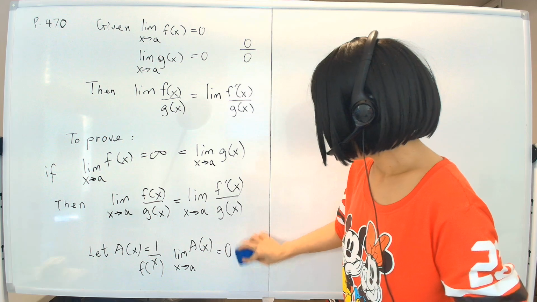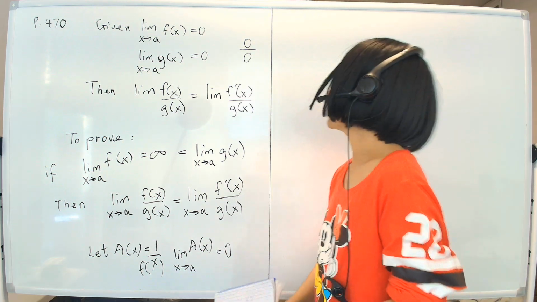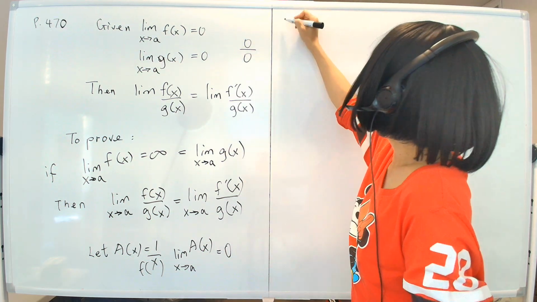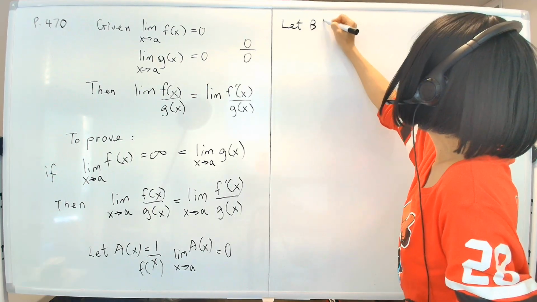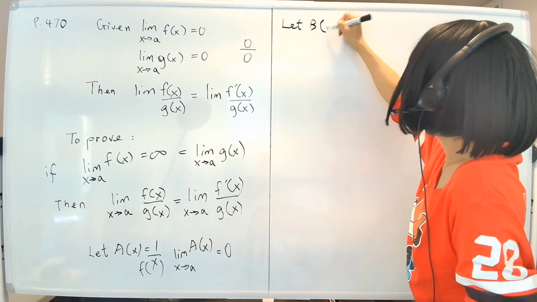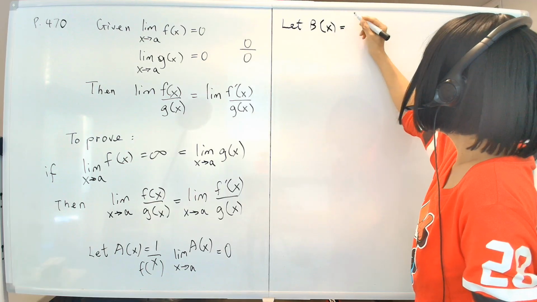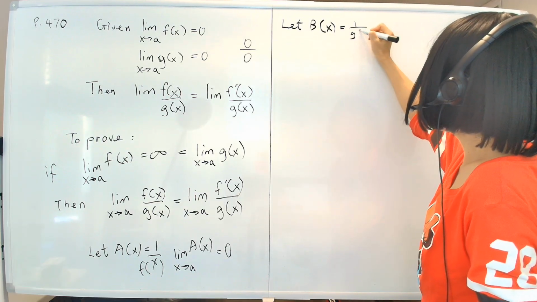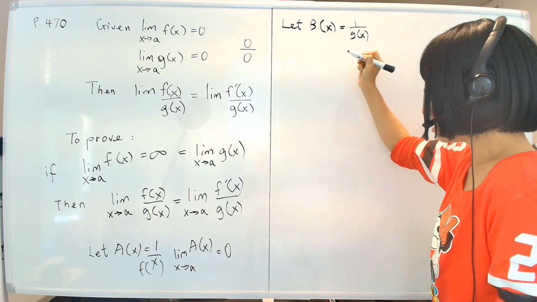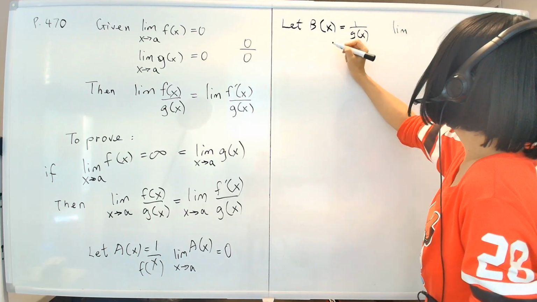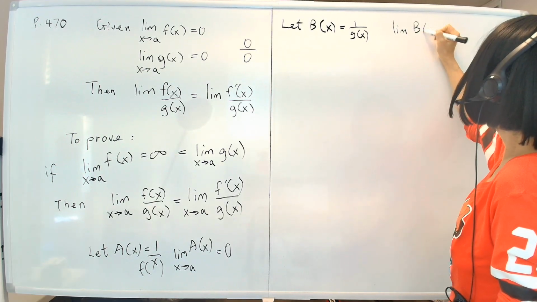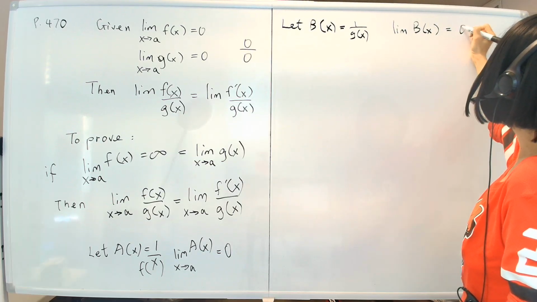Oops, something fell off. We'll deal with that later. Now, similarly, let b of x equal 1 over g of x. Then the limit of b of x as x approaches a is also equal to 0.